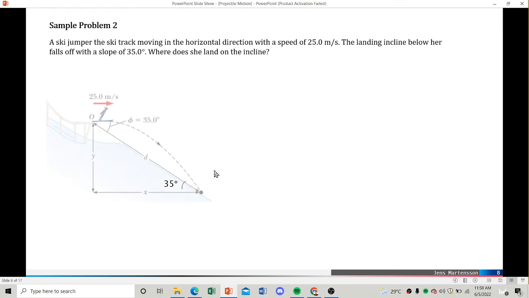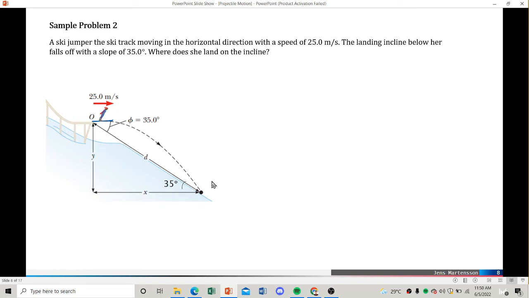Sample problem number 2: a sky jumper moves in the horizontal direction with a speed of 25 meters per second. The landing incline below falls off with a slope of 35 degrees. Where does she land on the incline?